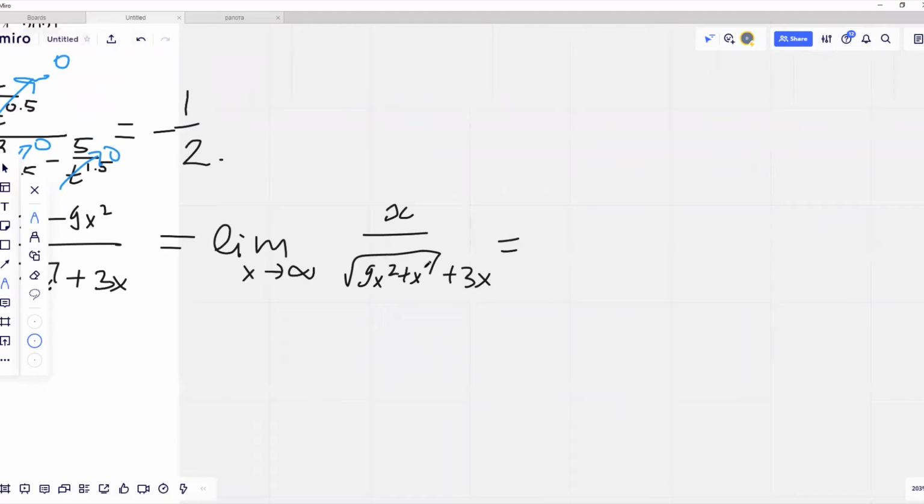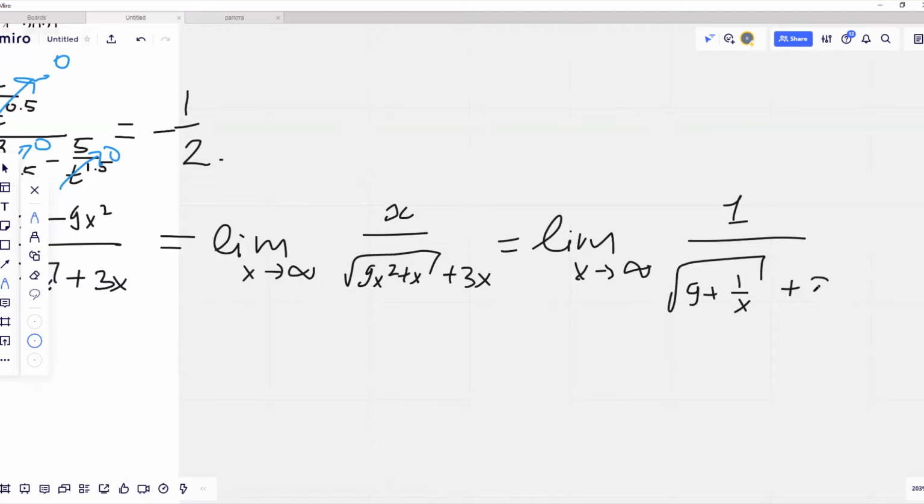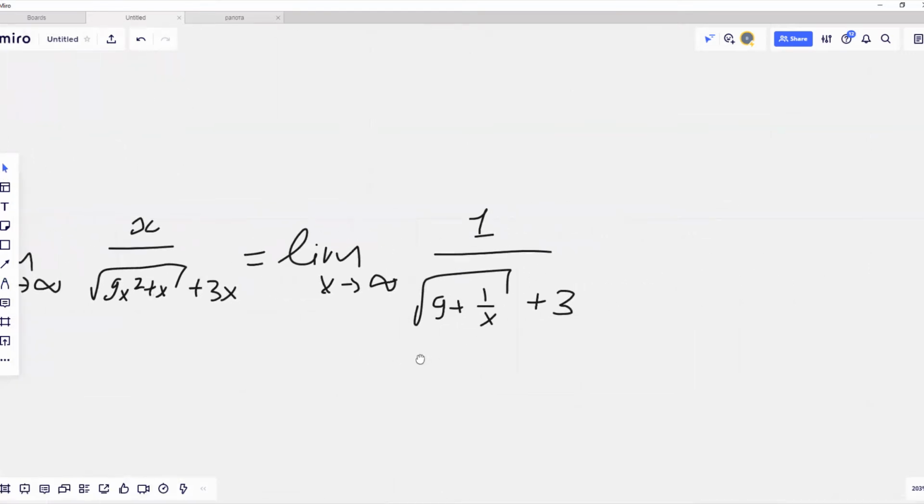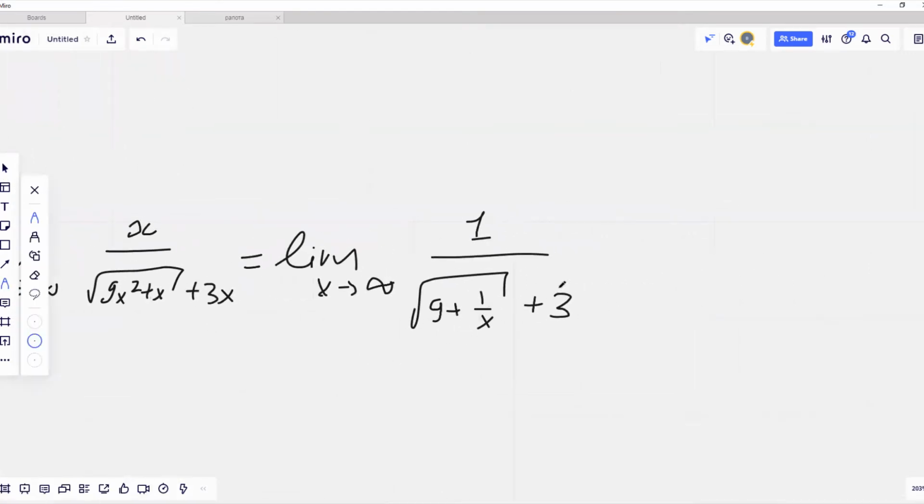Now dividing both numerator and denominator by x, we'll end up with the following limit: 1 over, so when we divide the square root by x, it is safe to bring x inside of square root, since x goes to plus infinity, so this is positive. So we'll have 9 plus 1 over x plus 3. So as x goes to infinity, this term here vanishes, so we'll end up with 1 over 6.